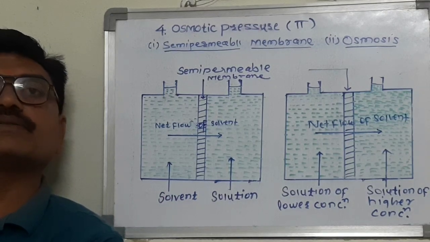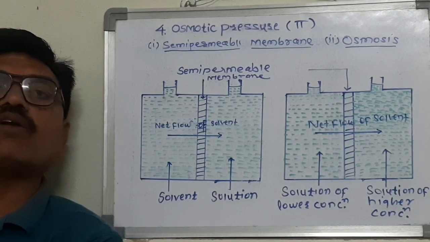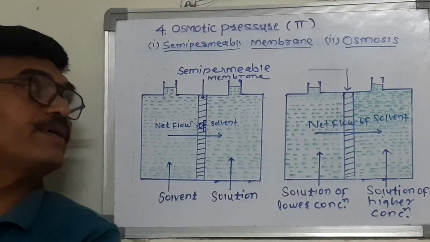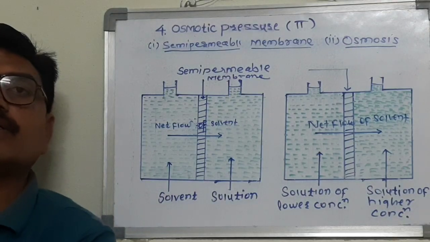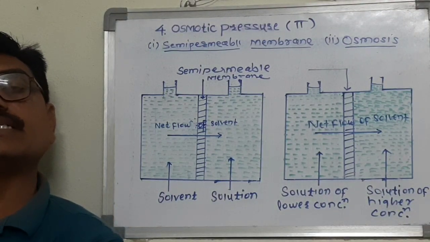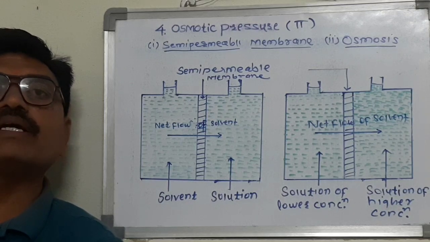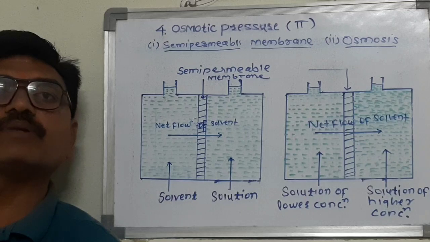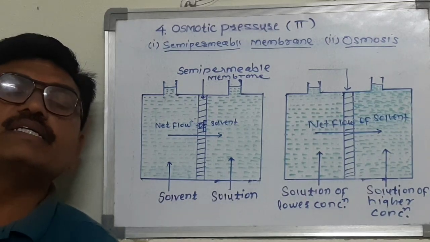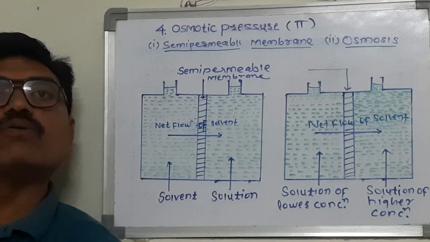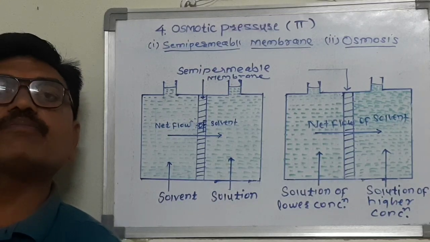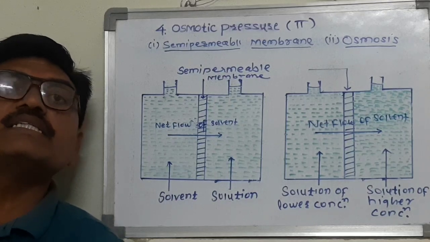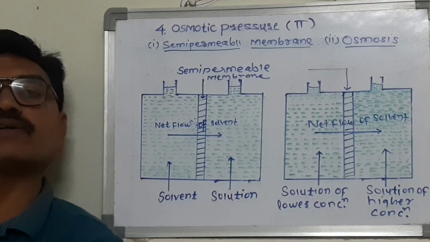In osmosis, a solvent and a solution are separated by means of a semi-permeable membrane. The name itself indicates that it is semi-permeable, a membrane which gives half permeation. It allows only the solvent molecules to pass through, but it prevents the flow of solute particles or ions which are larger in size or have higher molecular masses.